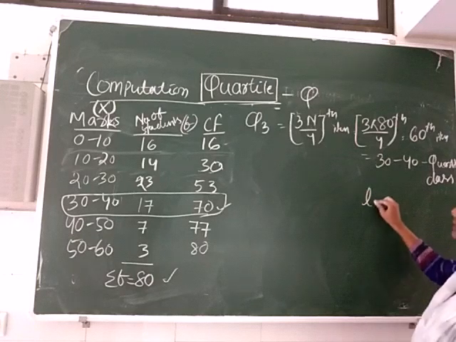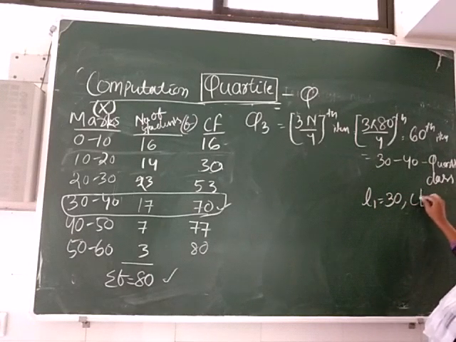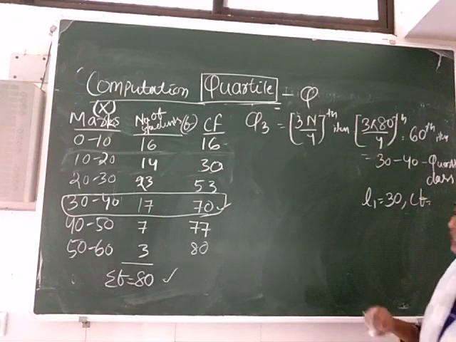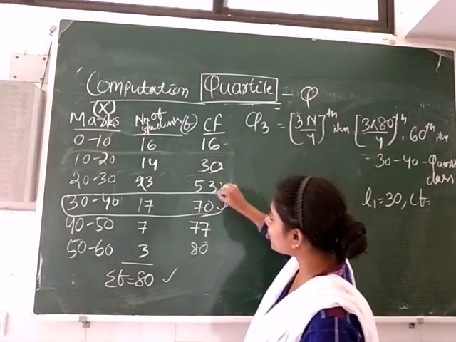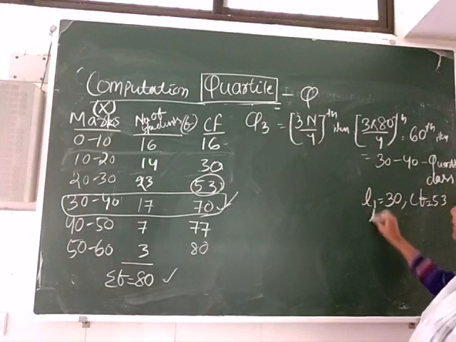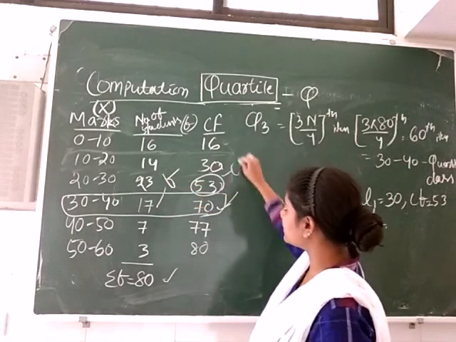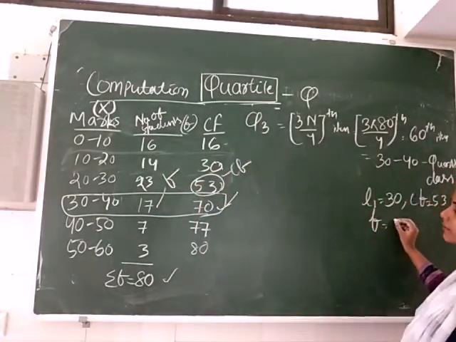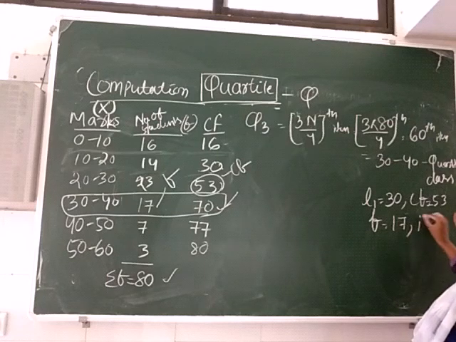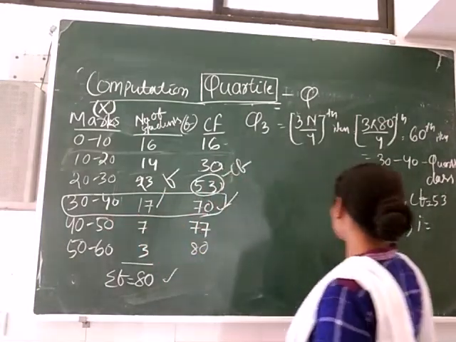So here L1 equals 30, CF, that is cumulative frequency preceding the quartile class, will be 53. Then F equals simple frequency, so the simple frequency is 70, and I equals class interval, so here the gap is 10.